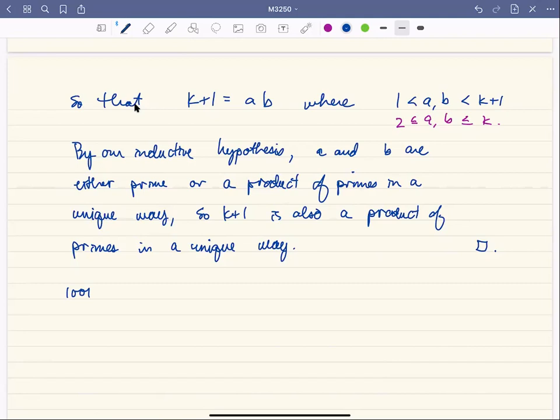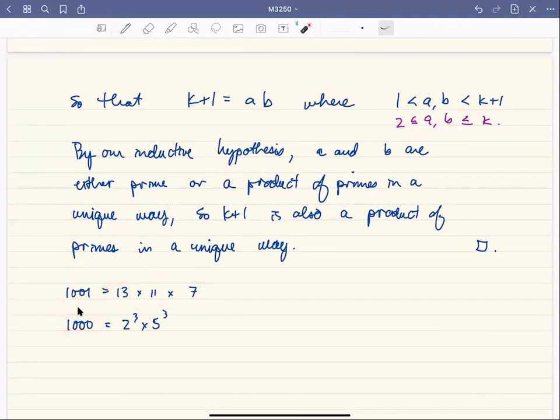That has absolutely nothing to do with the fact that 1000 is also a product of primes in a unique way. Increasing a value by 1 does not tell you anything about its prime decomposition at all. 1000 is, of course, 10 cubed, so 2 cubed times 5 cubed. Adding 1 completely changes the prime decomposition that you have.